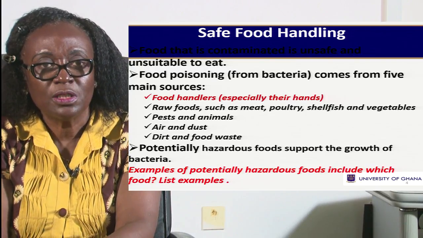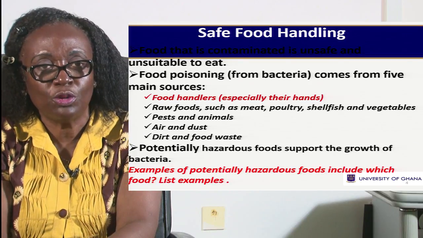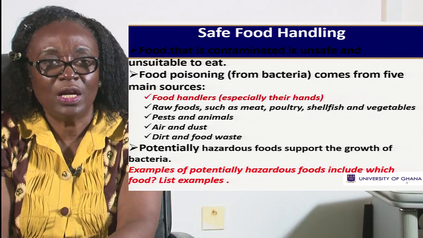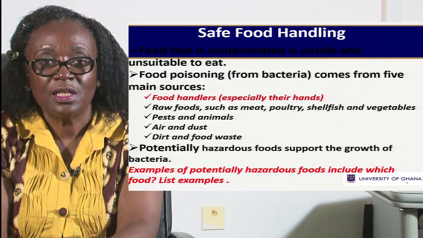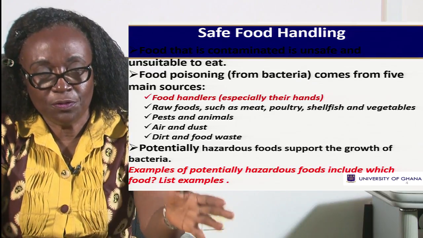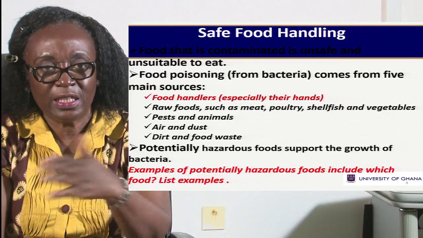Pests and animals also create problems. We leave the food open, we have cockroaches crawling on it and so forth. Sometimes the food is left on the floor, and we have goats and other animals also taking their share. Also when the food is open, we have contaminants in the air that is blowing over.